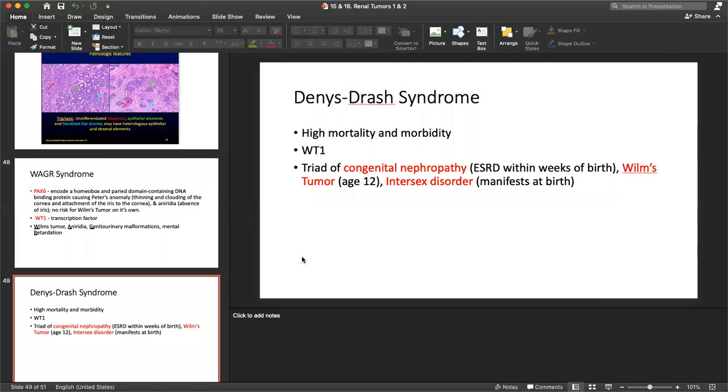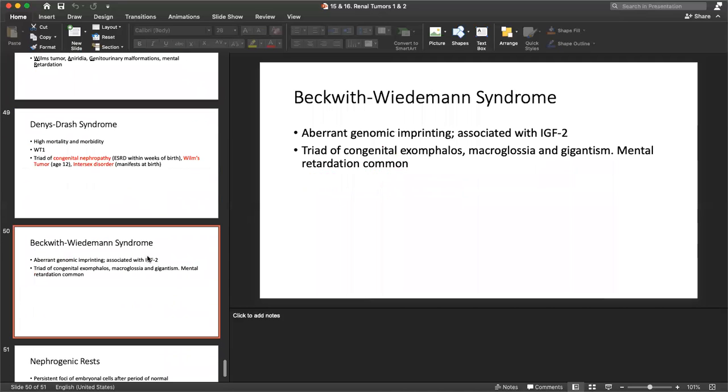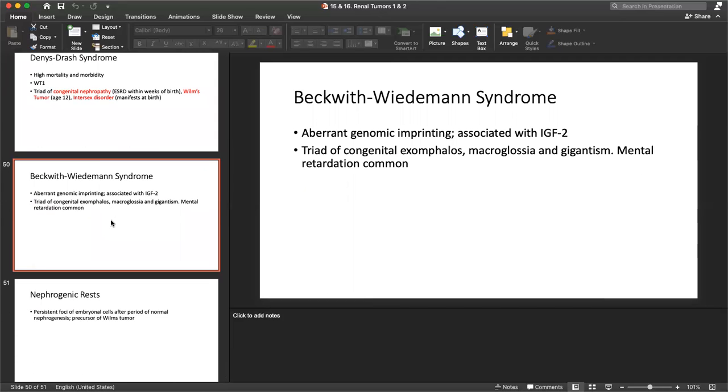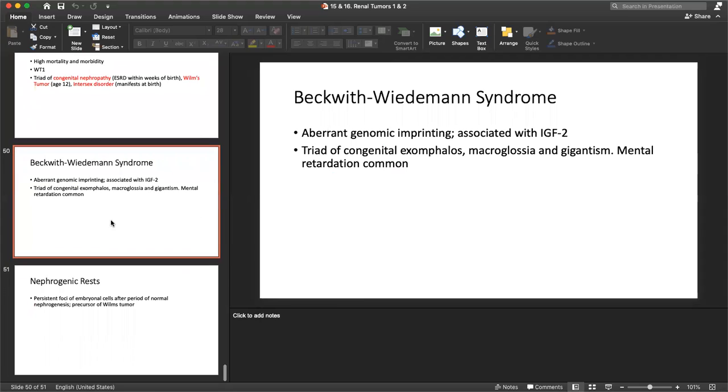Denys-Drash is going to be WT1, just like WAGR. It's going to have that triad of congenital nephropathy, Wilms tumor, and intersex disorder. Beckwith-Wiedemann is going to be IGF2, and it's going to have congenital exophthalmos, macroglossia, big tongue, big person, gigantism, and most of these have that intellectual disability.